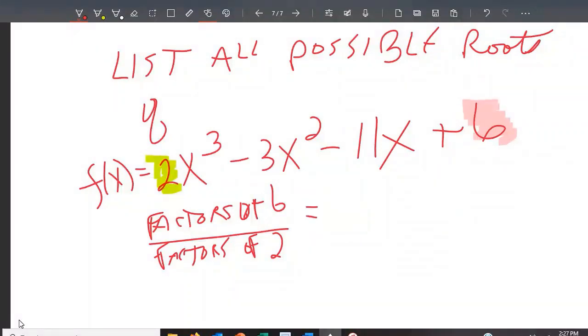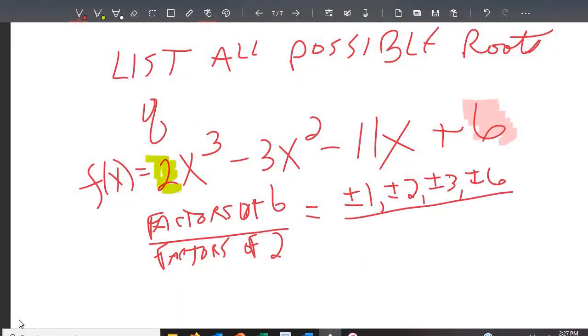Now, let's list all the factors of 6. Make sure you put plus or minus in front of each one: plus or minus 1, plus or minus 2, plus or minus 3, plus or minus 6. Then you're going to have in the bottom plus or minus 1, plus or minus 2.